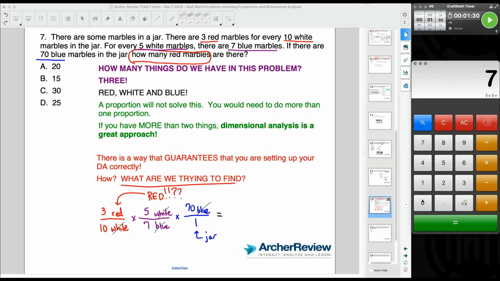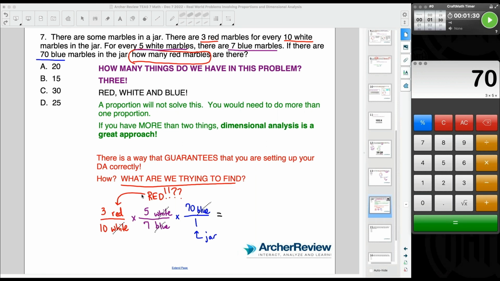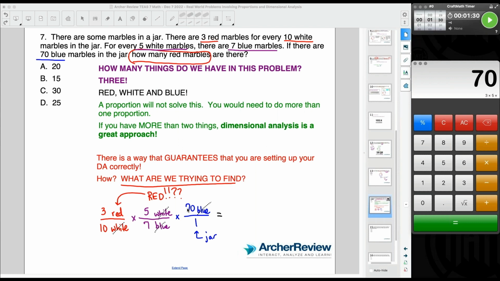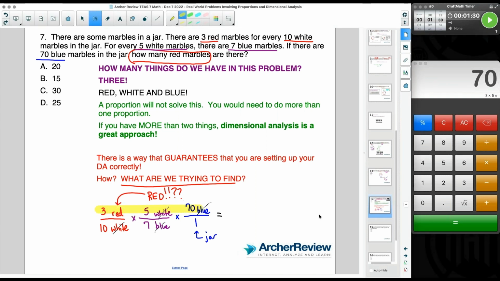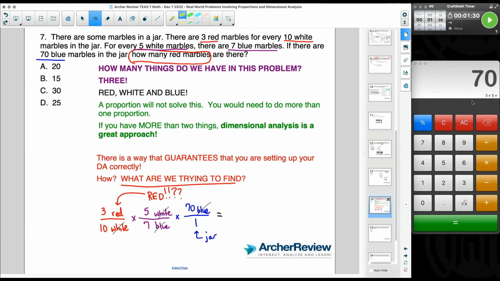And y'all, I'm not even going to press equals. You can if you want. So I've typed in 3 times 5 times 70. And you can press equals, or you can immediately start to divide. Every time, we're going to multiply all of our top numbers, and we're going to divide by our bottom numbers. So watch how I'm going to type this in.